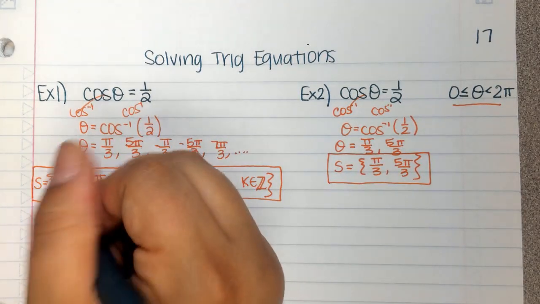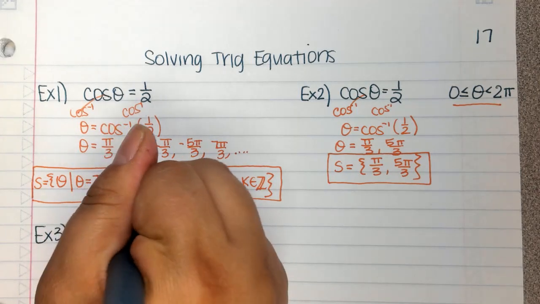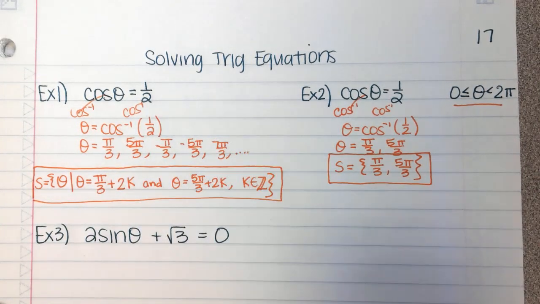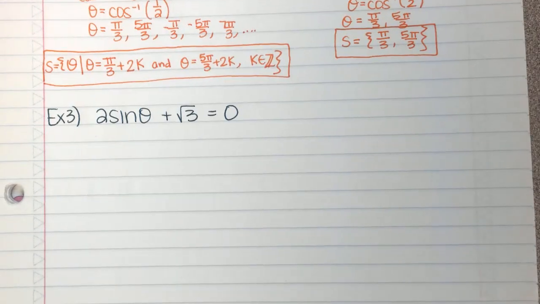What about 2 sine theta plus square root of 3 equals 0? What is theta here? How do I find it? Solve the equation. What am I going to do?